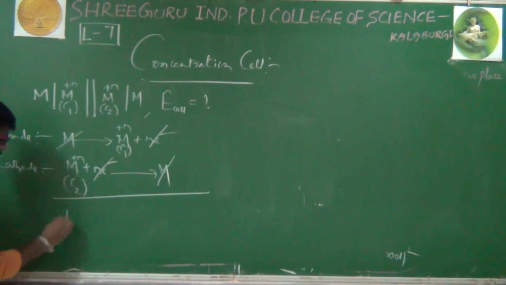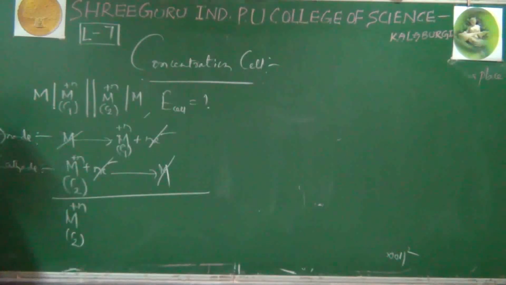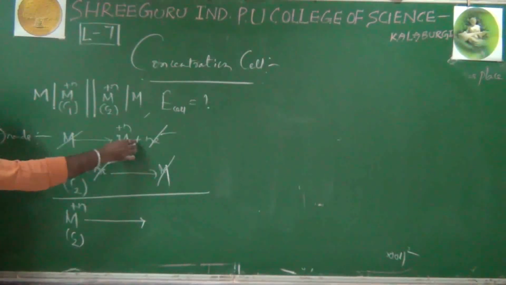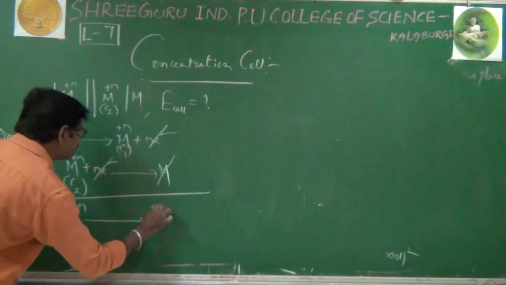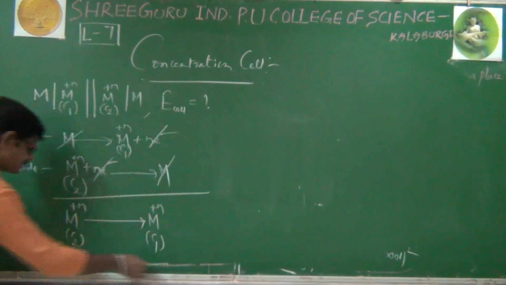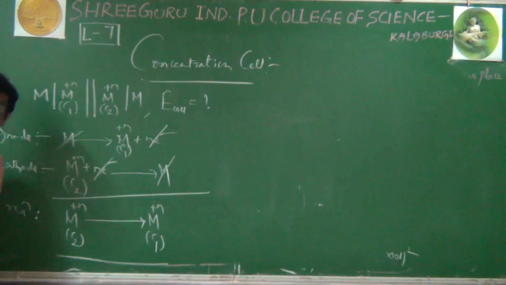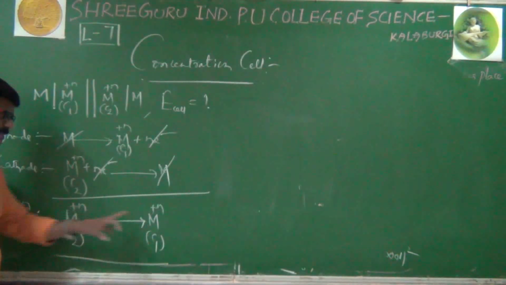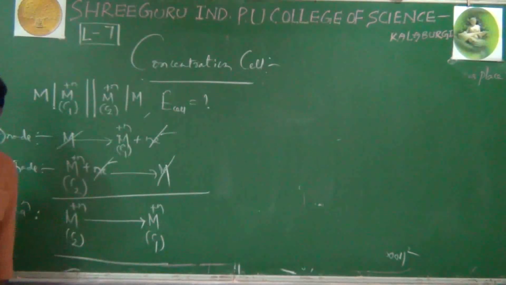Now we'll write like this: M^n+ whose concentration is C2, gives, because it is a reactant, it is a product, M^n+ whose concentration is C1. That's it. That is the net cell reaction or overall cell reaction. It is M^n+, it is also M^n+ only, but here the concentration is C2, here the concentration is C1.